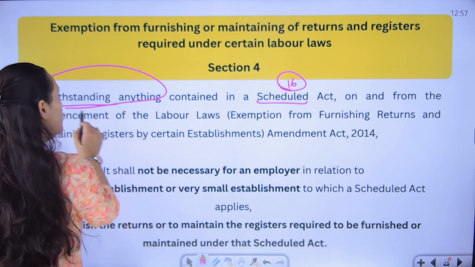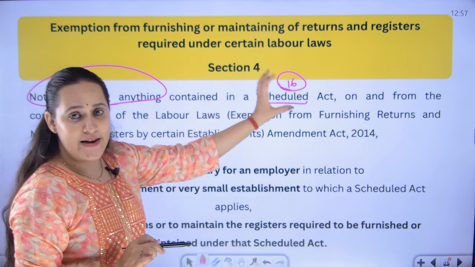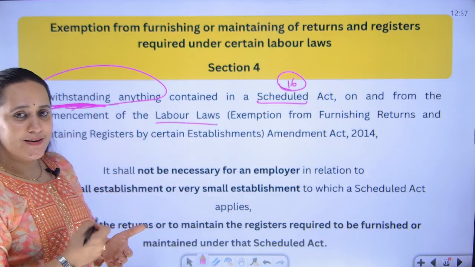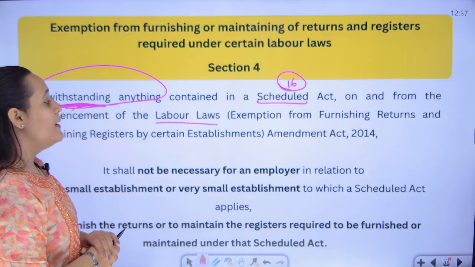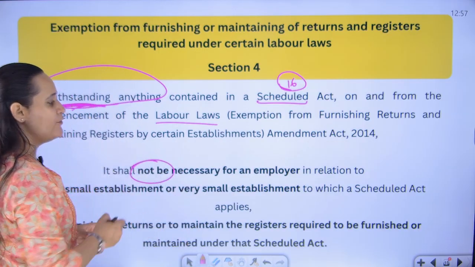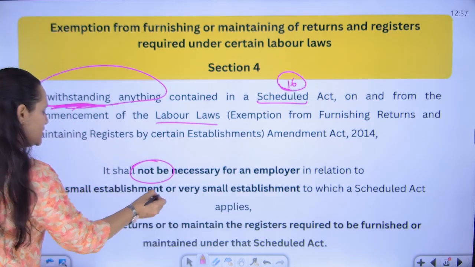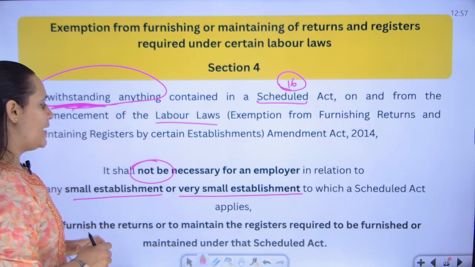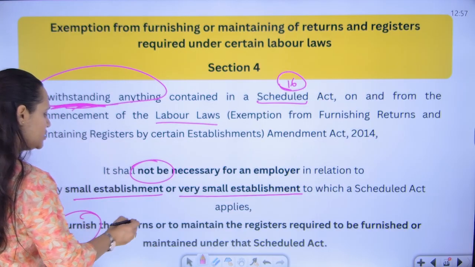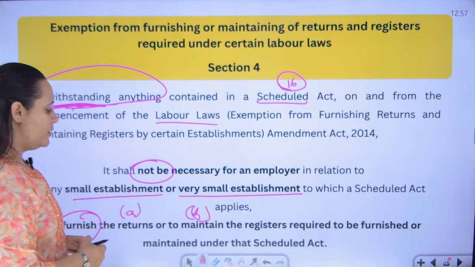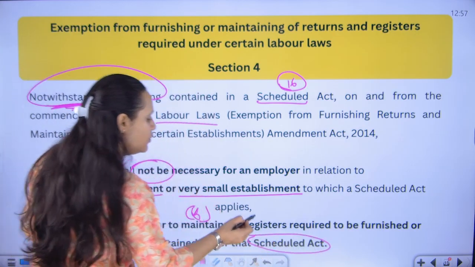Overriding that, without containing anything given on those enactments, from the day when this Labour Law Exemption from Furnishing Returns and Maintenance of Registers by Certain Establishments Act of 2014, it is not necessary for an employer in relation to a small establishment or a very small establishment to which 16 scheduled acts apply, for the purpose of furnishing any kind of returns and for the purpose of maintaining the registers required to be furnished under those scheduled enactments.